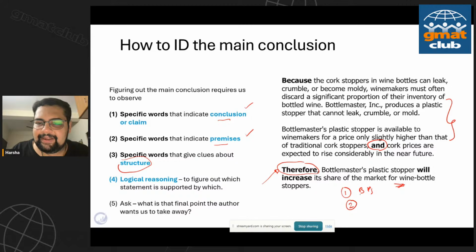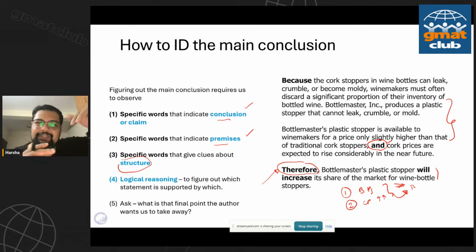That's one point. And along with that, there's this other point about cork prices about to increase sharply in the future. Both of these combined are being considered, and then you add a therefore, you see a conclusion. So when you see a word like and, your brain starts creating a list. These are things you should be doing.